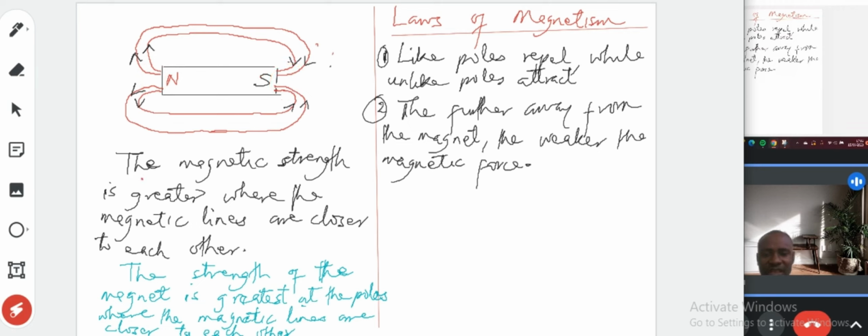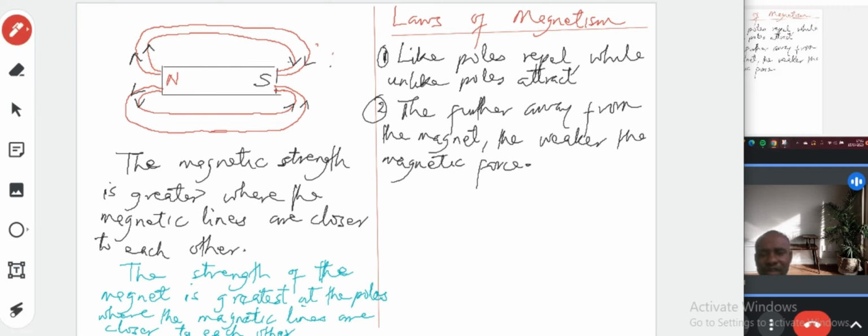So it means the strength is greater where the north and south is? Exactly, where the north pole and the south pole are. So the magnetic strength is greater at the north pole and the south pole compared to every other place between them, because the magnetic lines are closer at the poles.